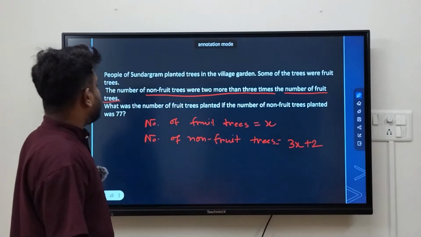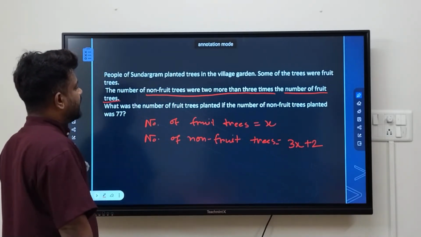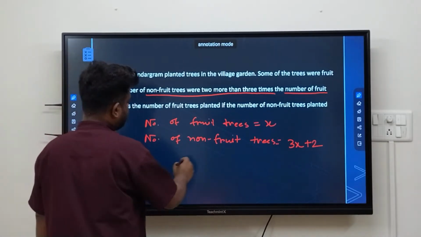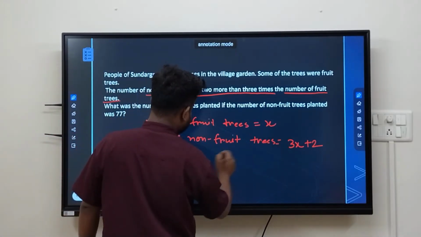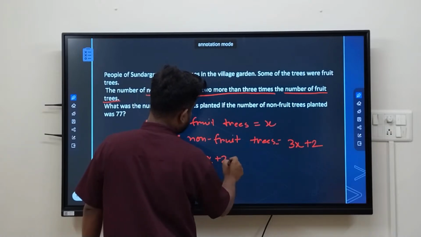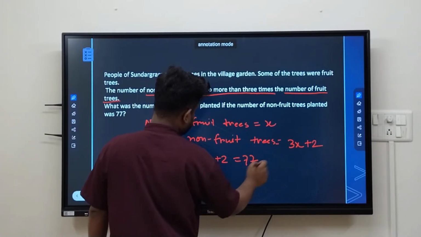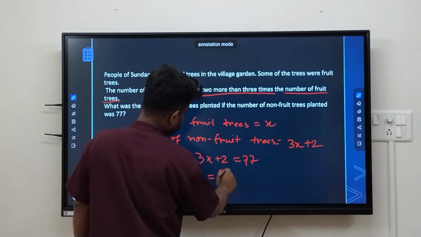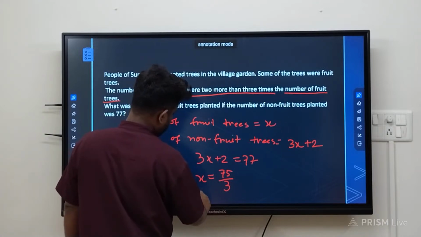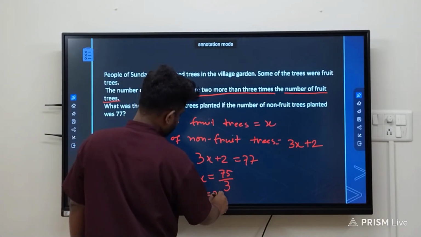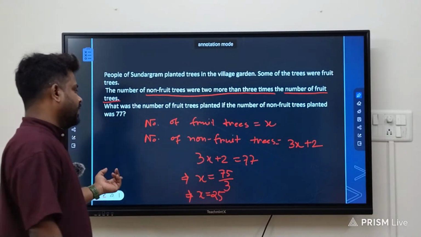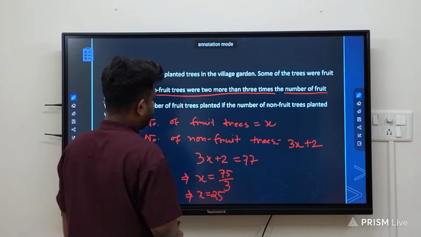What was the number of fruit trees planted if the number of non-fruit trees planted was 77? So this value, they are telling us, is 77. So fruit trees are 25 and non-fruit trees will be 77.